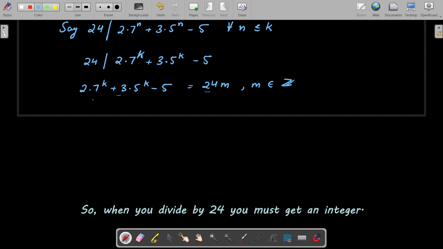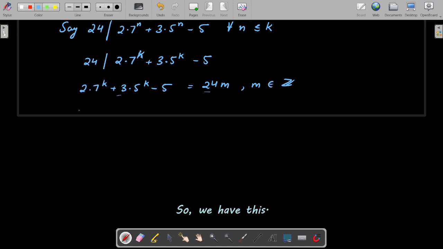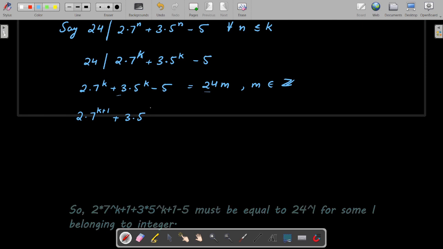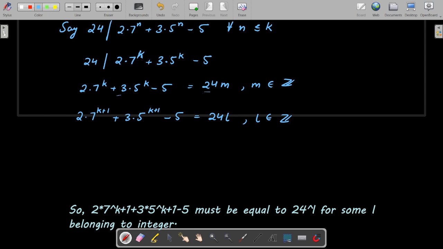So we have this. For the inductive step, what we will need to prove is that 2 into 7 to the power k plus 1 plus 3 into 5 to the power k plus 1 minus 5 must be equal to 24l for some l belonging to the integers, right?